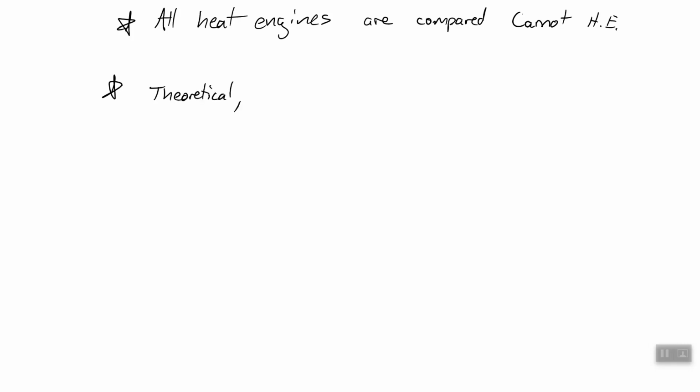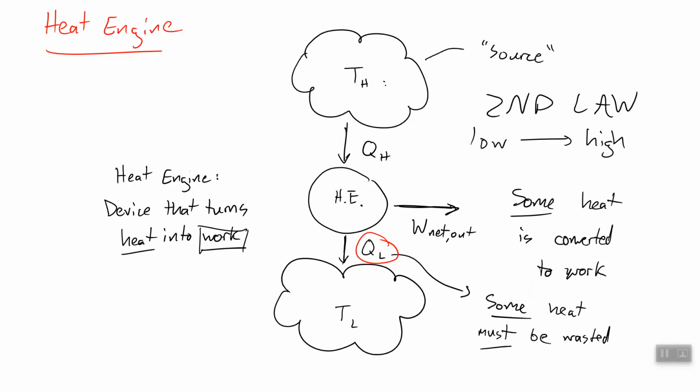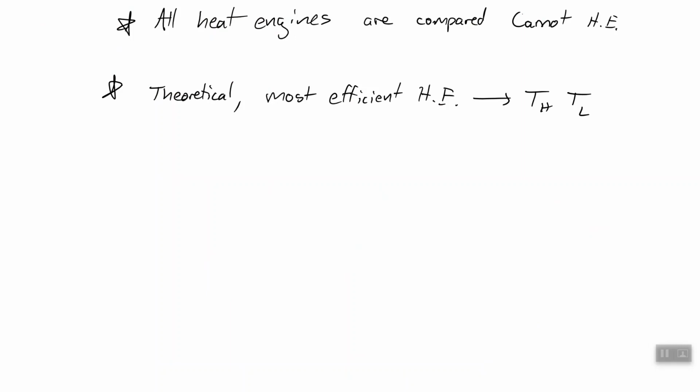We've never actually built one because it's impossible, and it is the most efficient heat engine operating between two temperatures, TH and TL. Remember, our heat engines operate between a source and a sink.